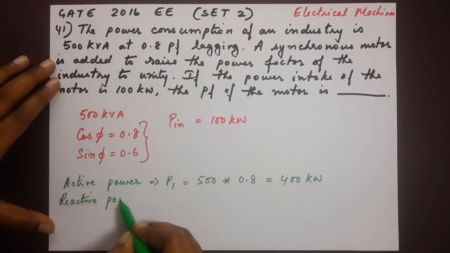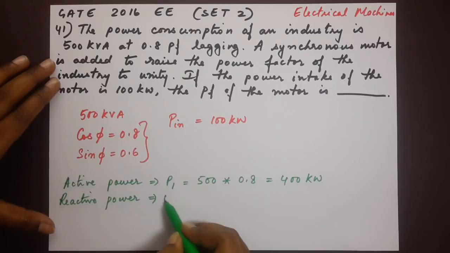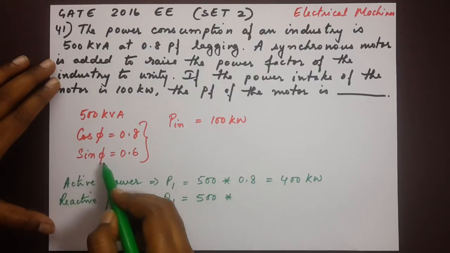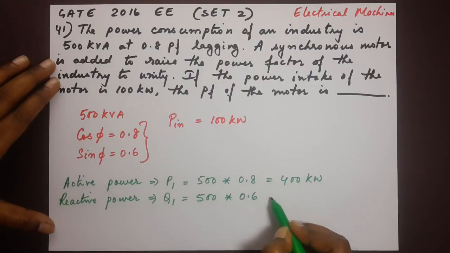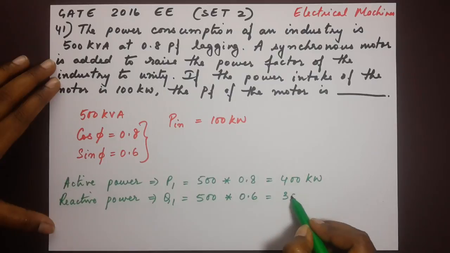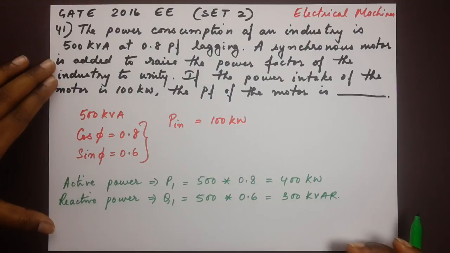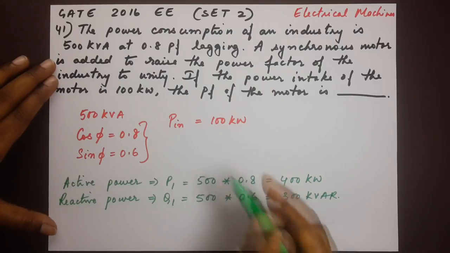The reactive power is Q1, and that's 500 into sin phi, 0.6, and this comes around to 300 kVAR. Now in order to raise the power factor to unity, the motor should supply 300 kVAR. So this gives us the motor ratings.